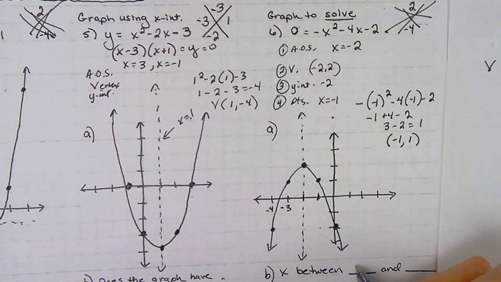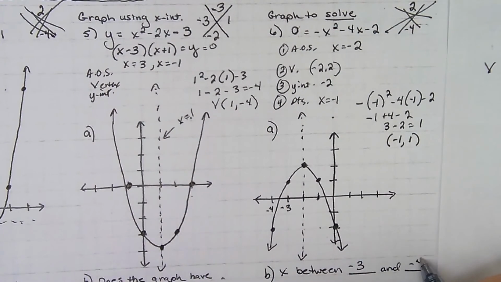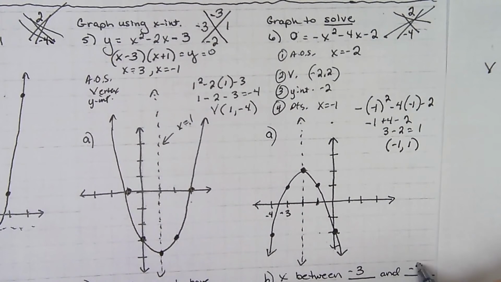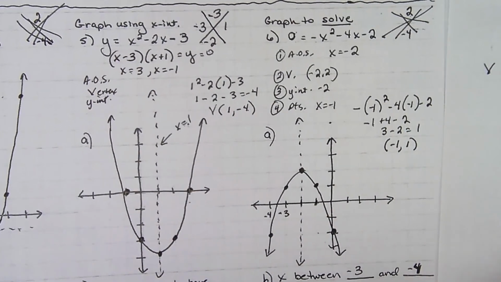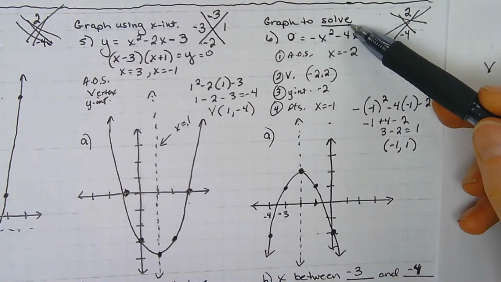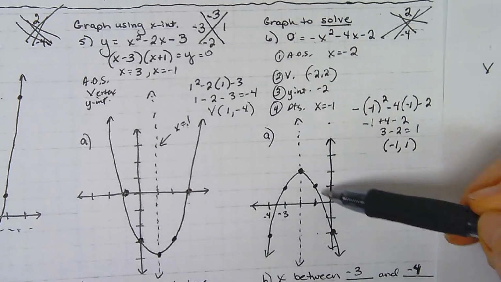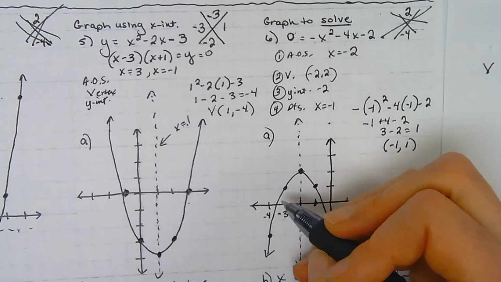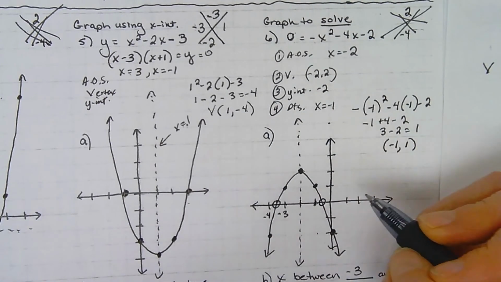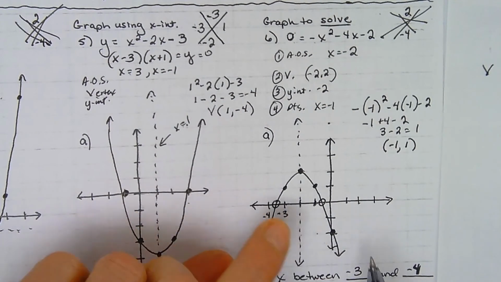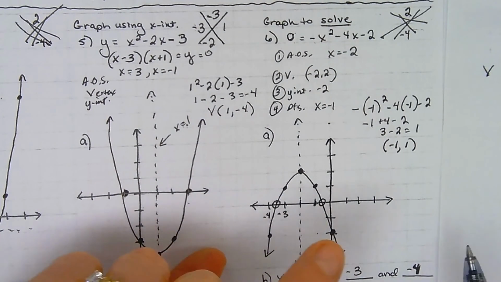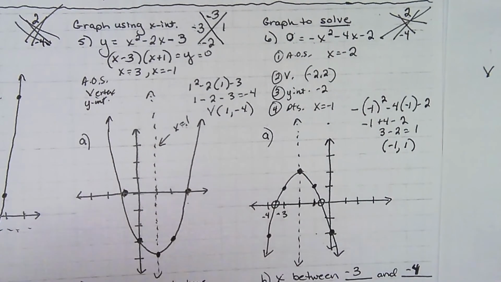So x is between negative 3 and negative 4, and x is between 0 and negative 1. Remember, we're being asked to solve this. We graph it, and it crosses the x-axis, and this is where the solutions are. And these solutions don't fall neatly on an actual integer, they fall between. So they fall between negative 3 and negative 4, and they fall between 0 and negative 1.